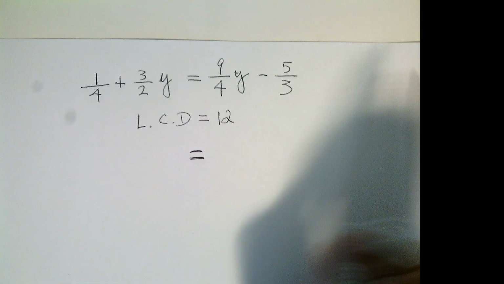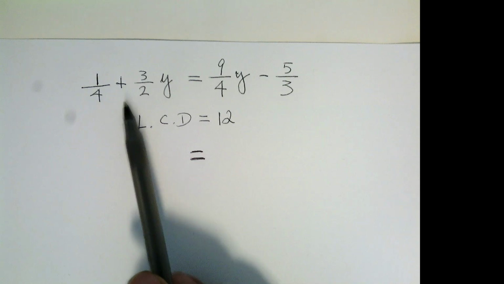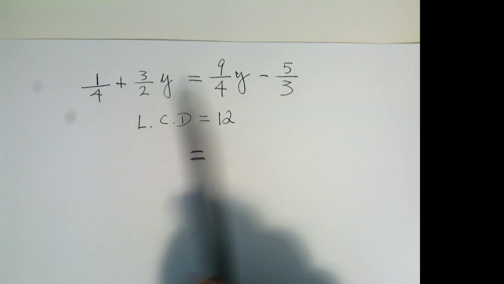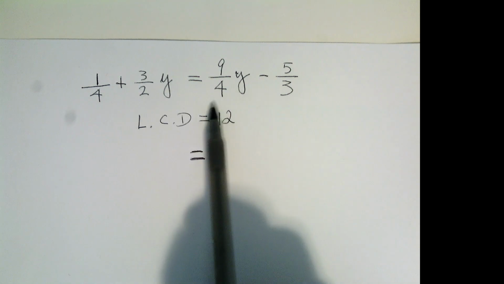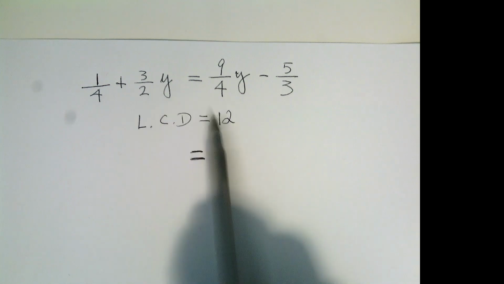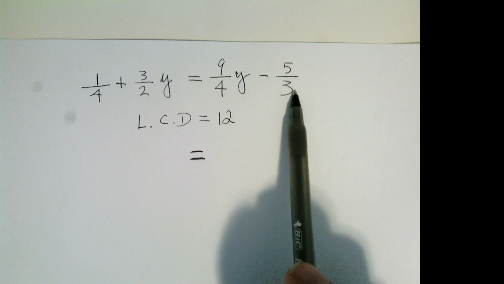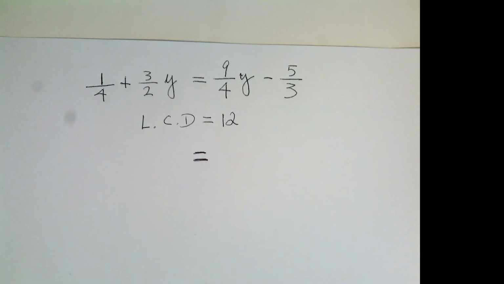And if individuals are still not able to find the LCD, you can multiply all the 3 numbers, unlike bottom numbers, like 2, 4, and 3. They don't look alike. You multiply them, you get 24. And it will give you the same answer. Okay? It will give you the same answer.